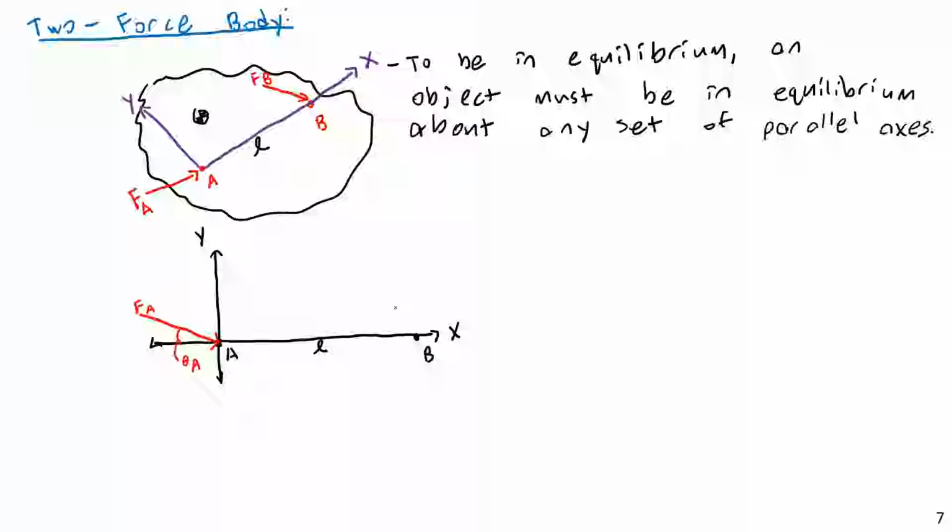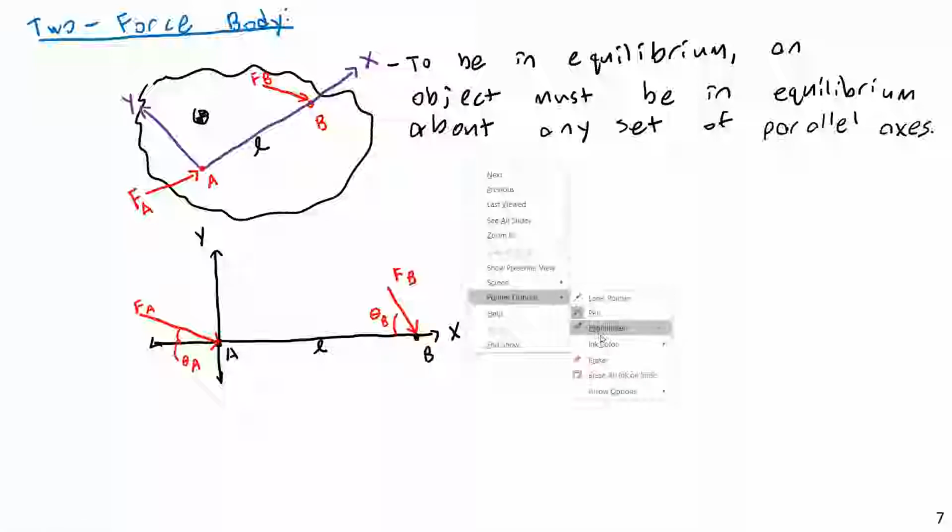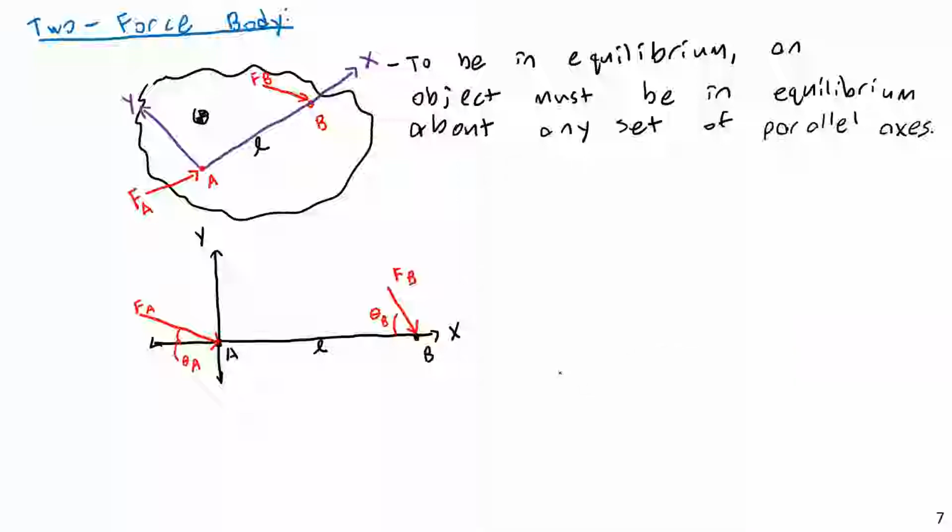And then I have B. If I can manage to draw a straight line. FB here. And some angle theta B. So FB and theta B.